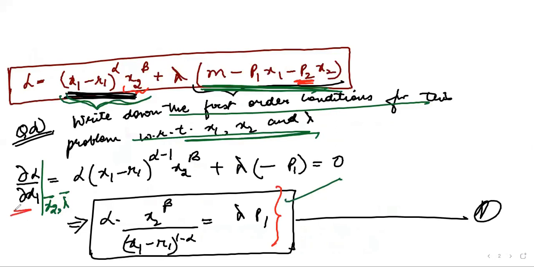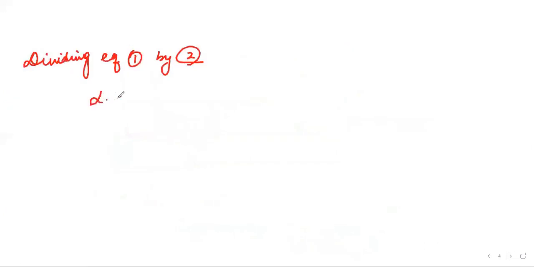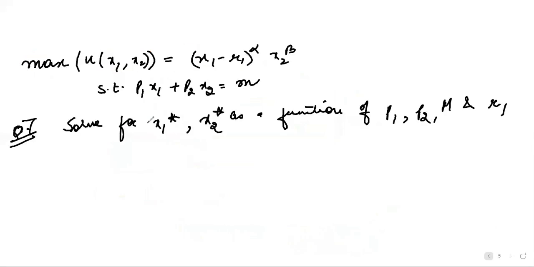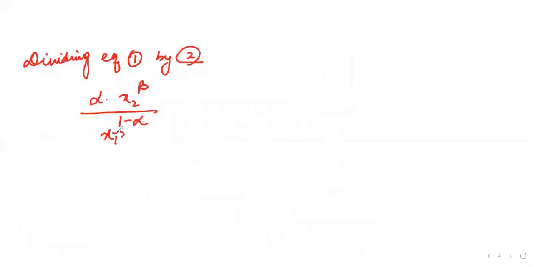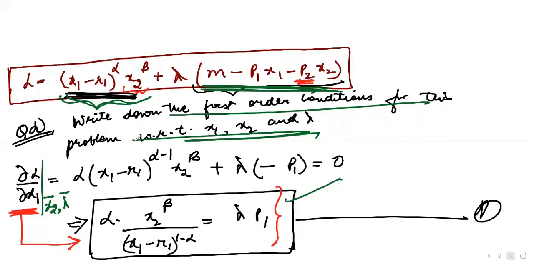From when I differentiated it with respect to x1, I was getting this. So I was getting alpha x2 to the power beta upon (x1 minus r) to the power 1 minus alpha, and I was getting that equal to lambda p1.